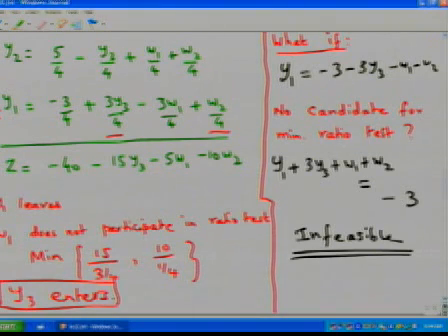That means you can increase the value of the variable as high as you like and stay feasible, so your problem is unbounded. Here, if the minimum ratio test can't be done, the problem is infeasible. This should not be surprising, because we already saw that if the primal problem is unbounded, the dual problem has to be infeasible. This was the result that we proved last time.